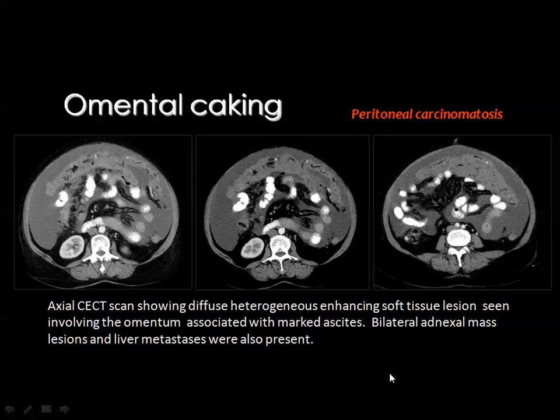We do not find the primary lesion, and at that time we may go by CT guided or ultrasound guided needle biopsy to have a sample of this omental cake in order to confirm the diagnosis and to know where the primary malignancy is.